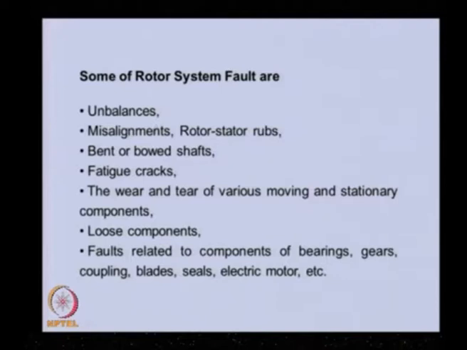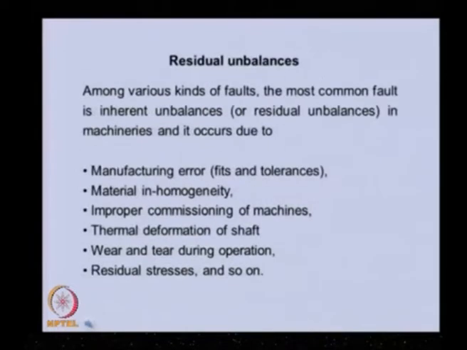This automatically comes into the system if we don't take care of proper maintenance or the proper procedure of assembly of the system. And we will focus on unbalance, and the inherent unbalance we call residual unbalance.